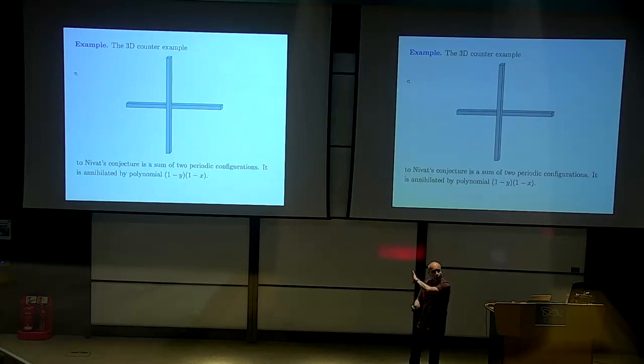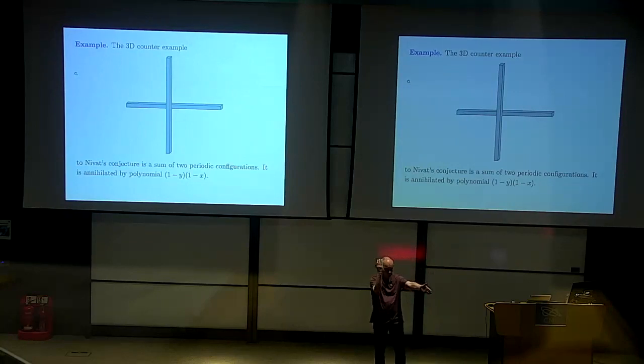Okay, so let's go back to Nivat's conjecture. Remember, everything I said in the previous theorem applies in any dimension. It's not two-dimensional. It works in any dimension. So take your counterexample of Nivat's conjecture. Remember, vertical bar and horizontal bar. Well, we know by our theorem that it has to be a sum of periodic configurations. It is, right? You have the vertical bar, that's a periodic configuration.